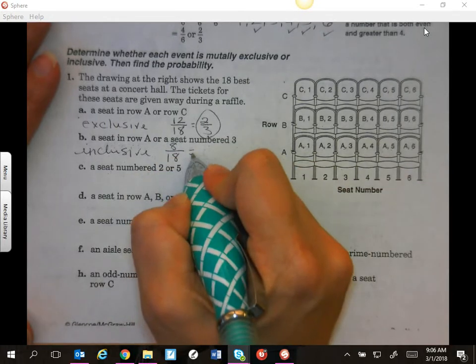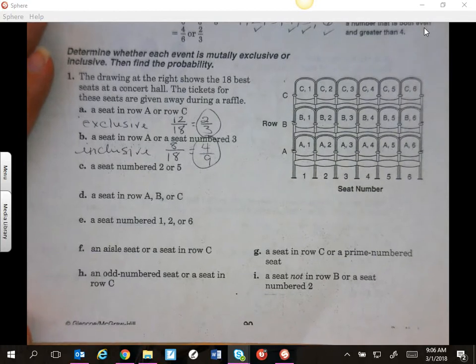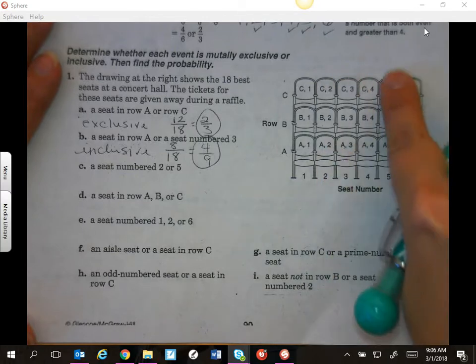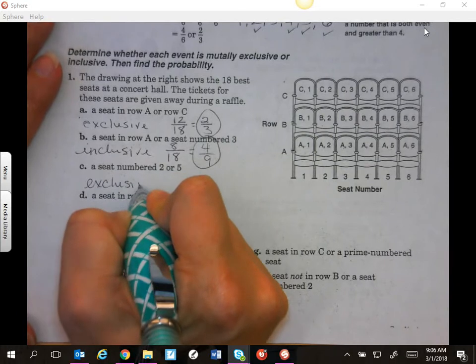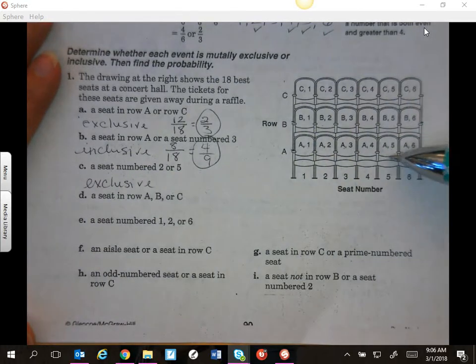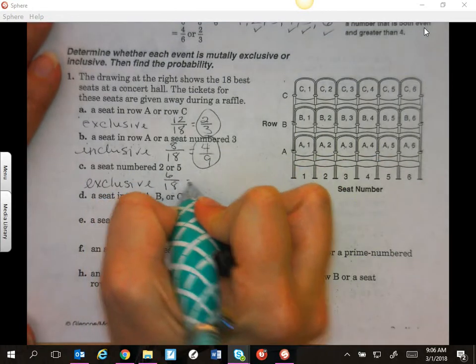We can simplify that to 4/9. Row 2 or 5, you can't have a seat with a 2 and a seat with a 5, so these are exclusive. And then 6 out of 18 total seats is 1/3.